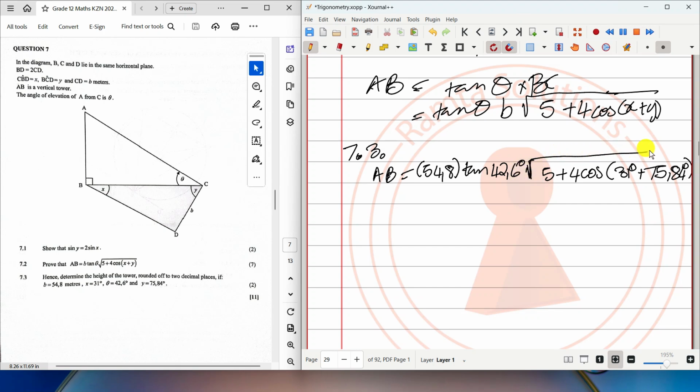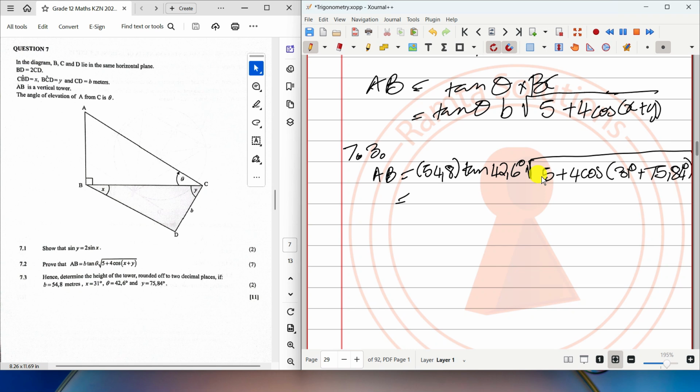Now let's get our answer. 54.8 open, tan 42.6 close, and then the square root of 5 plus 4 cos 31 plus 75.84 close.